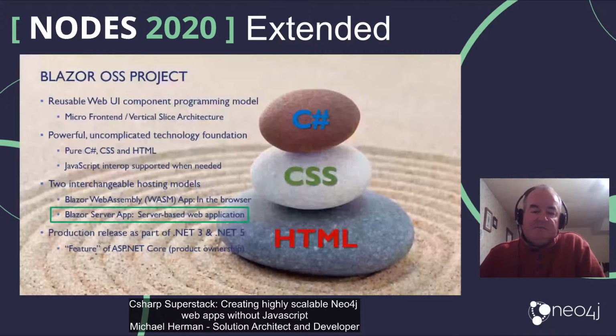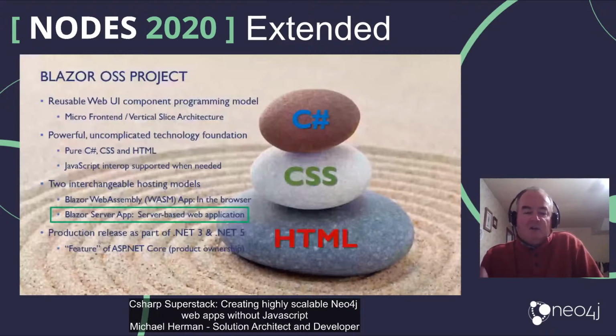We'll go into more details as we move through this. Both Blazor Server and Blazor WebAssembly are now a quality production release as part of .NET 3 and the recent announcement of .NET 5. So it's something you can go out and use today.